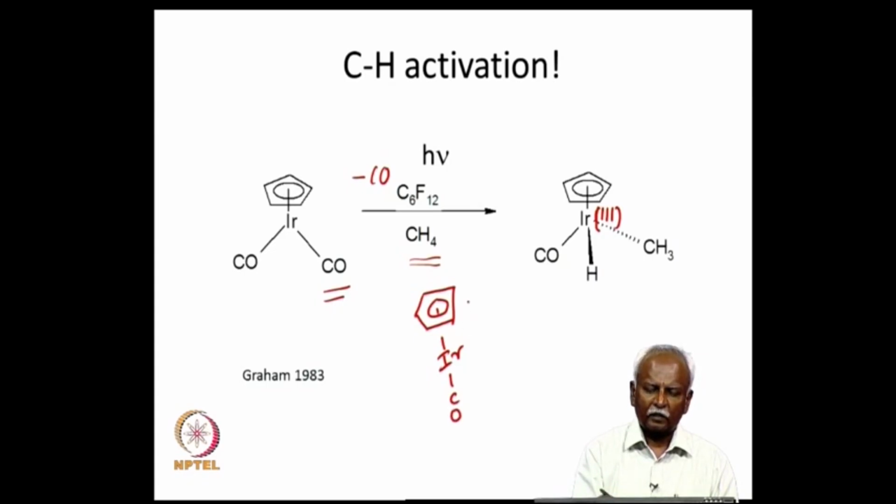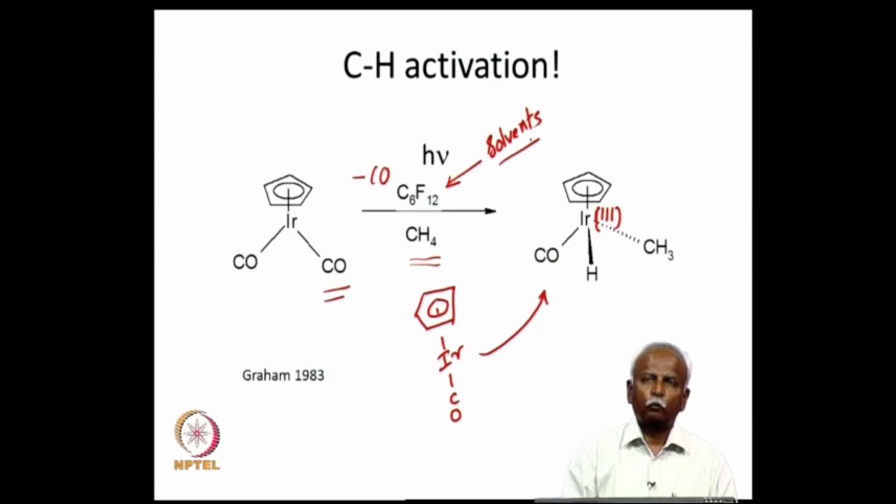Now, it is highly coordinatively unsaturated, and so it will take any molecule that it can react with. That is why you have to use C6F12 as a solvent. Other solvents where you have a CH bond would become too reactive, and they would react with the iridium(I) center. So, you have to use a non-reactive solvent, which is a perfluorinated cyclohexane.